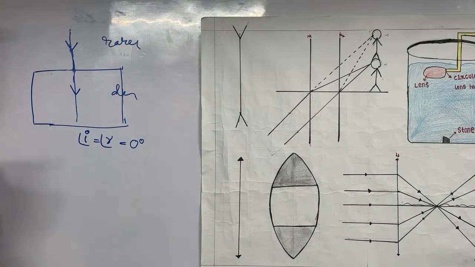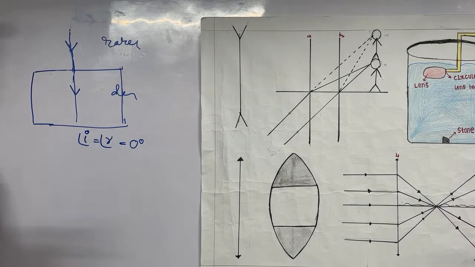So the first behavior, once again I will repeat: when the light ray is entering from the rarer to the denser medium, the refracted ray moves towards the normal. On that occasion, the angle of incidence is greater than the angle of refraction. Second behavior: when the light ray is coming from the denser medium to the rarer medium, the angle of incidence is lesser than the angle of refraction.